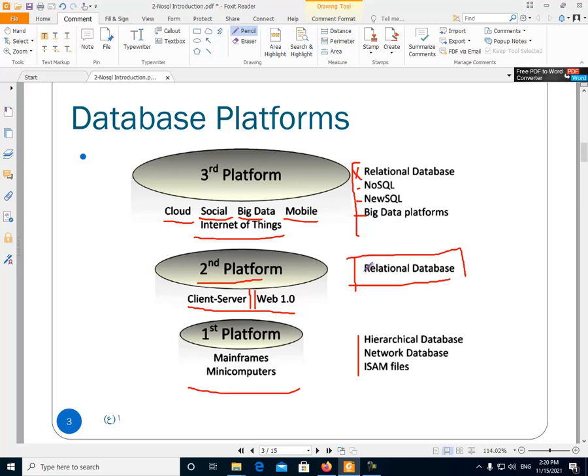So we are managing the data in these platforms using these four technologies. Here we want to talk about the NoSQL database. As you see, the relational database is still being used in these platforms, but it is used in some specific applications.